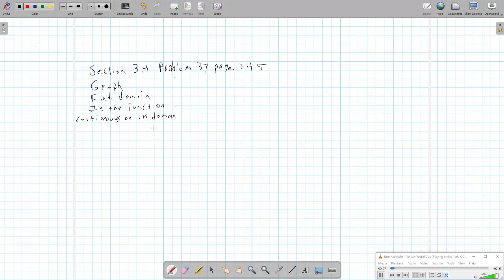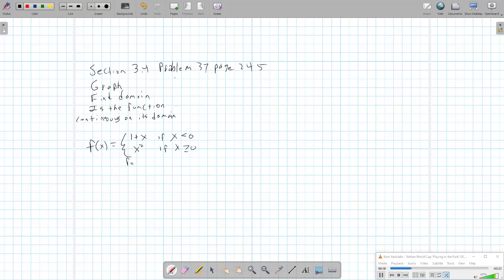So let's see here. Here is the function. f of x equals, here's the first piecewise function you've probably seen. It is 1 plus x if x is less than 0, and it is x squared if x is greater than or equal to 0.